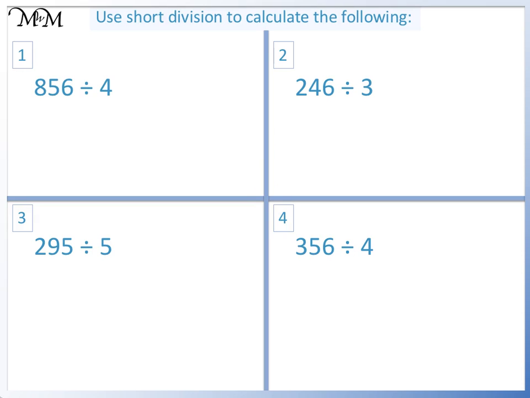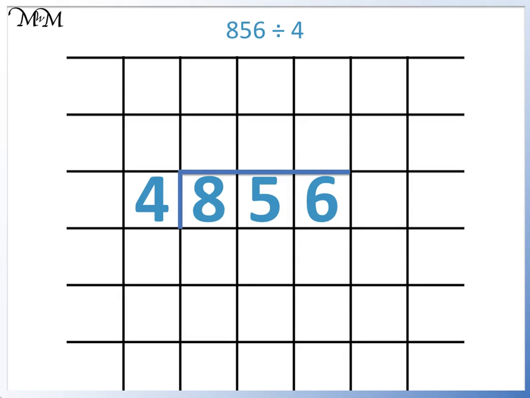Here are some questions for you to try. Pause the video now and have a go. Question 1. 856 divided by 4. 8 divided by 4 equals 2.